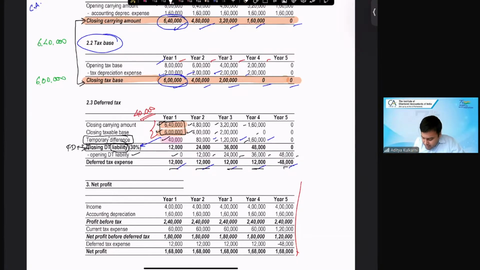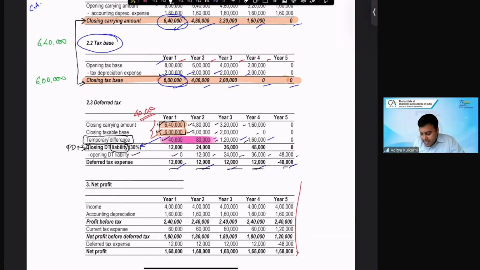In the first year, there was a difference of 40,000. Are you able to see what I am shading? Yes, sir. This 40 got increased to 80,000. Is there a reversal of the difference here? Sir, 40 is moving on to 80, so additional difference is there.